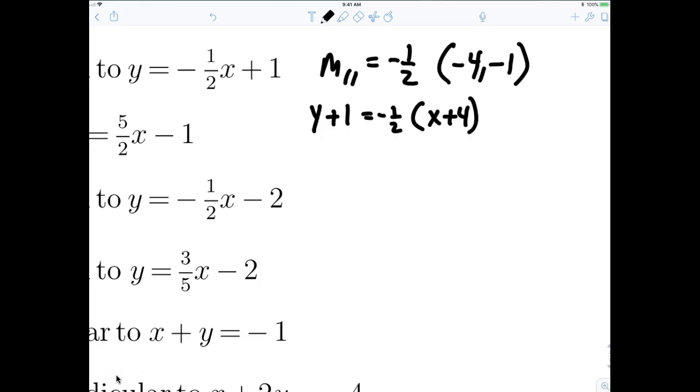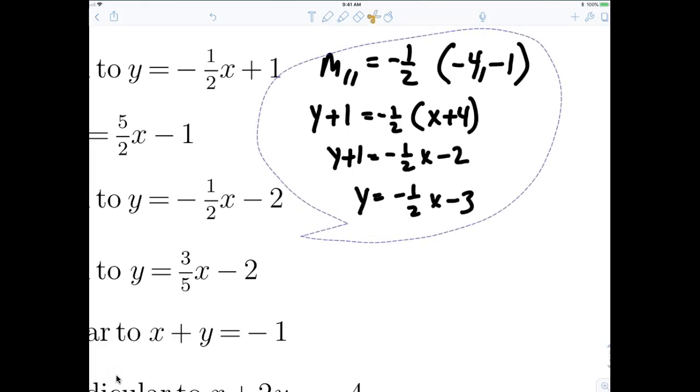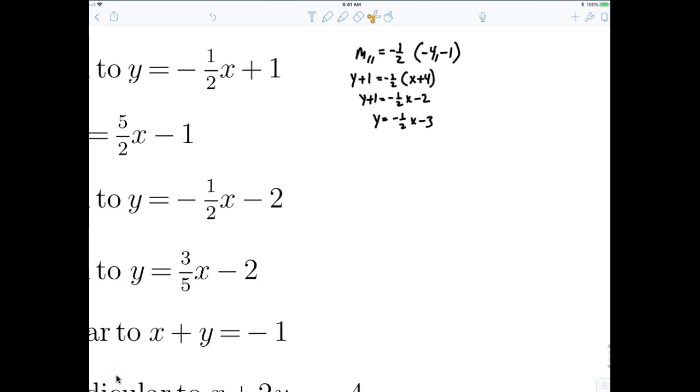And then y plus 1 equals -1/2 x, give me a second, 2, minus 2. You're amazing. Minus 2. And then y equals -1/2 x, and then minus 3. Amazing. Is everybody good with that? Yes. All right.